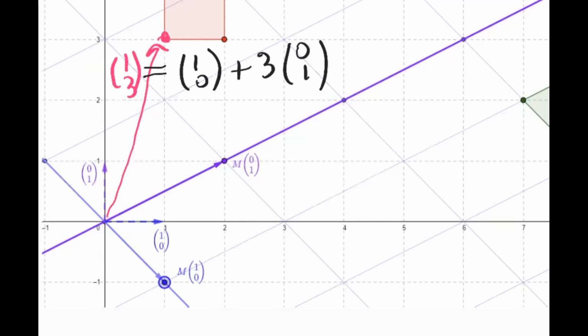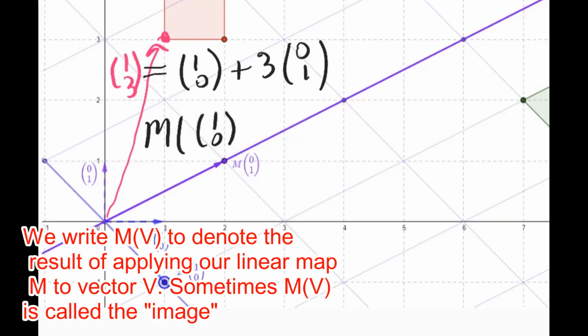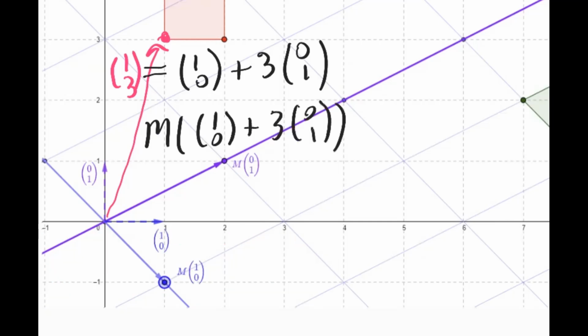Firstly, maybe the most important law is that when we apply our linear map to a sum of vectors, then the result is just the result of applying the linear map to the things in the sum and then adding those together afterwards. In other words, we can add the vectors first and then apply the map, or apply the map first and then add the images of the vectors. We'll get the same result either way.